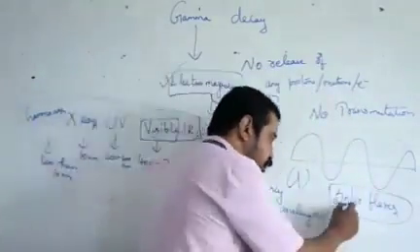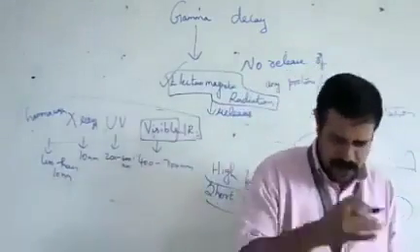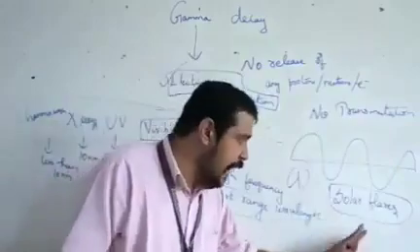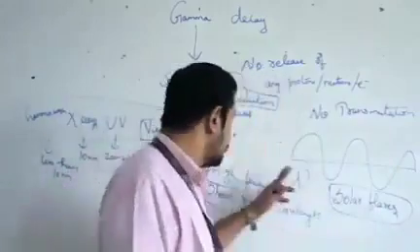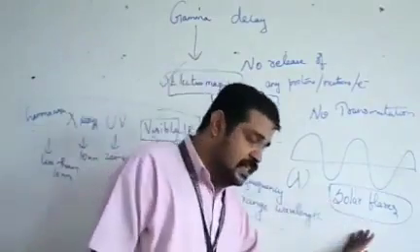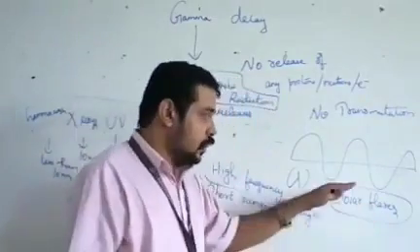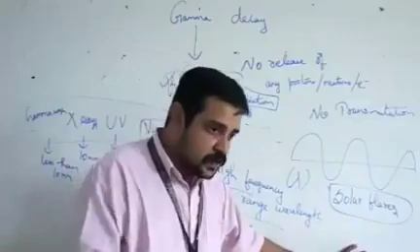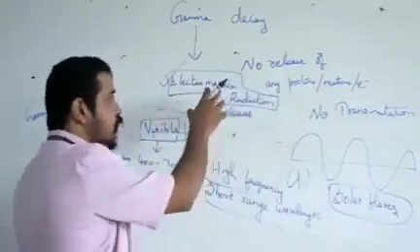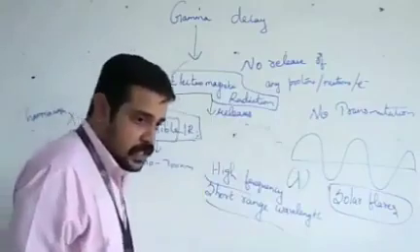What do you mean by solar flares? It is very simple. Solar flares happen because of the release of gamma radiation.